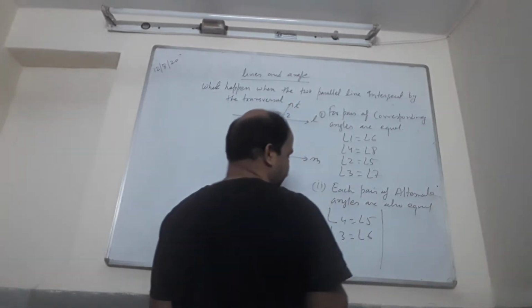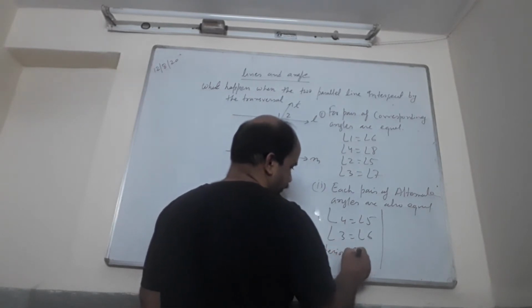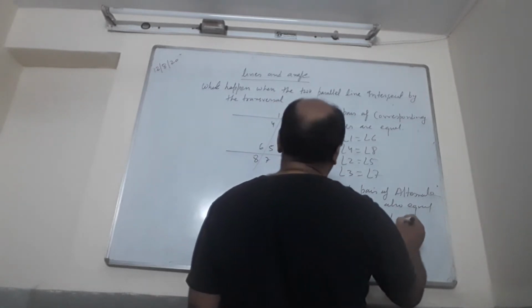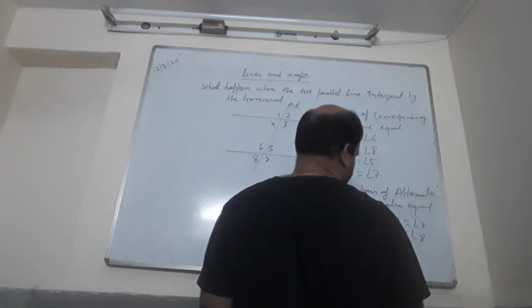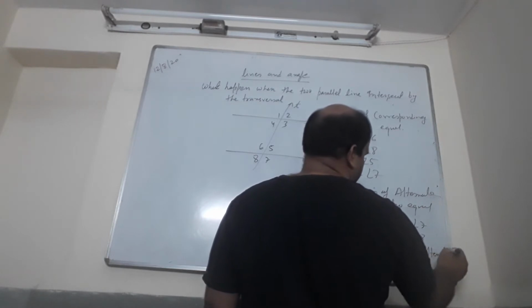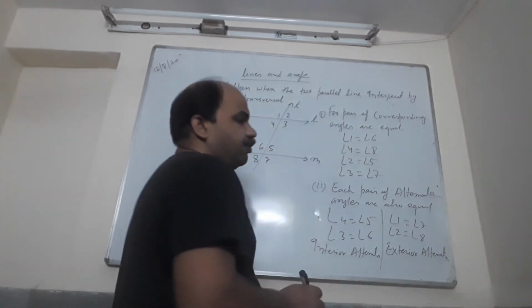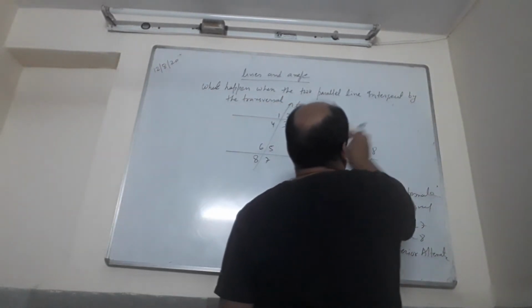This is called interior alternate. And if we write angle 1 equal to angle 7, angle 2 equal to angle 8, it is called exterior alternate angles.